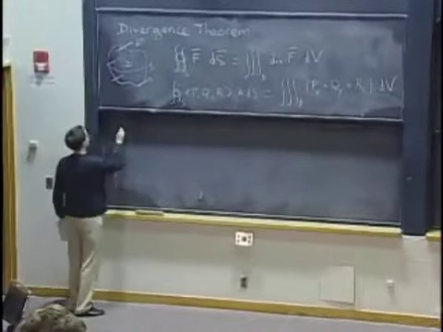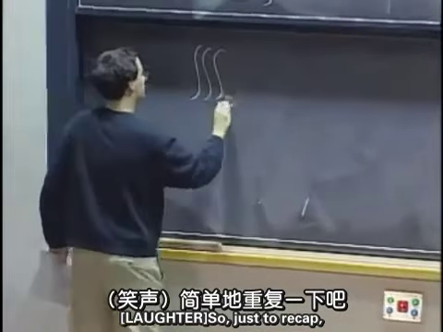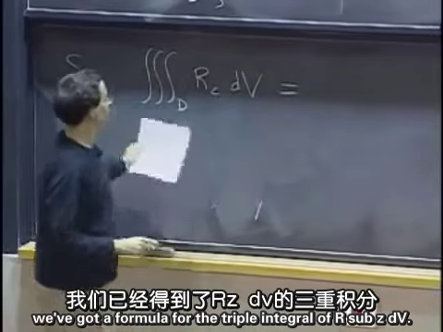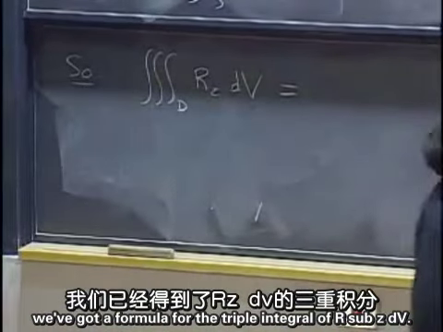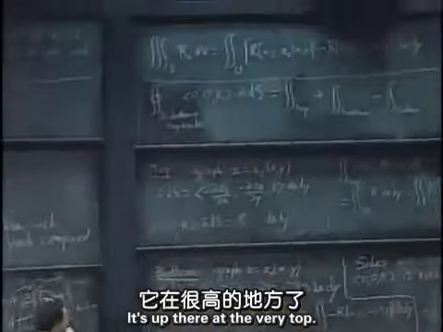So just to recap, we got a formula for the triple integral of r sub z dV. It's up there at the very top.